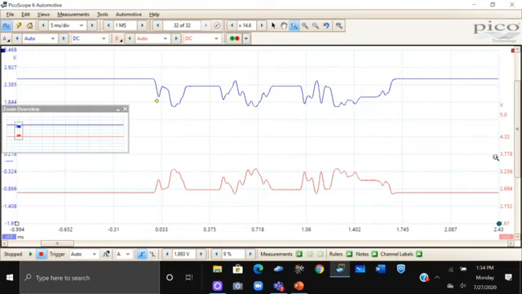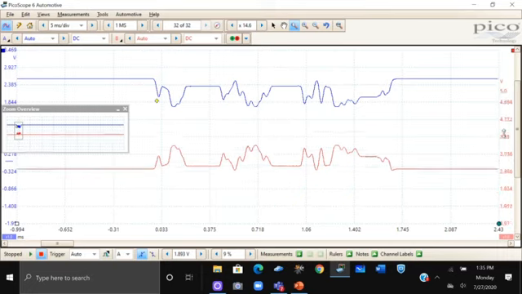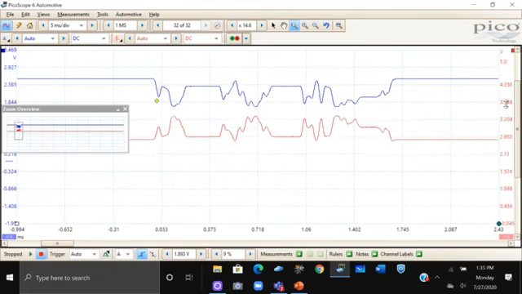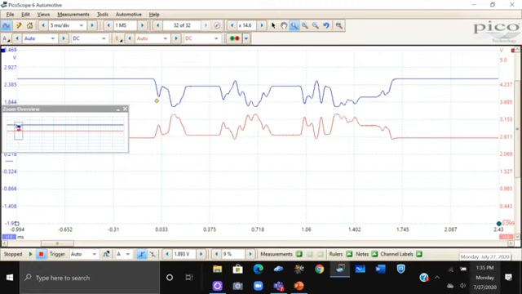CAN high is on the bottom in red, where the low signal is pulled high. If you look at these, and I can make them really close together, I mean, that is absolutely, without a doubt, a mirror image. Do you agree?